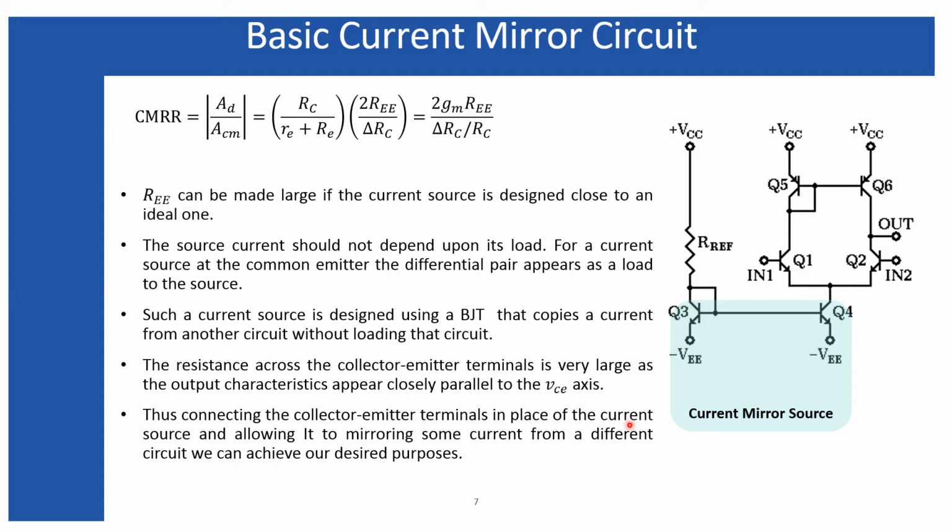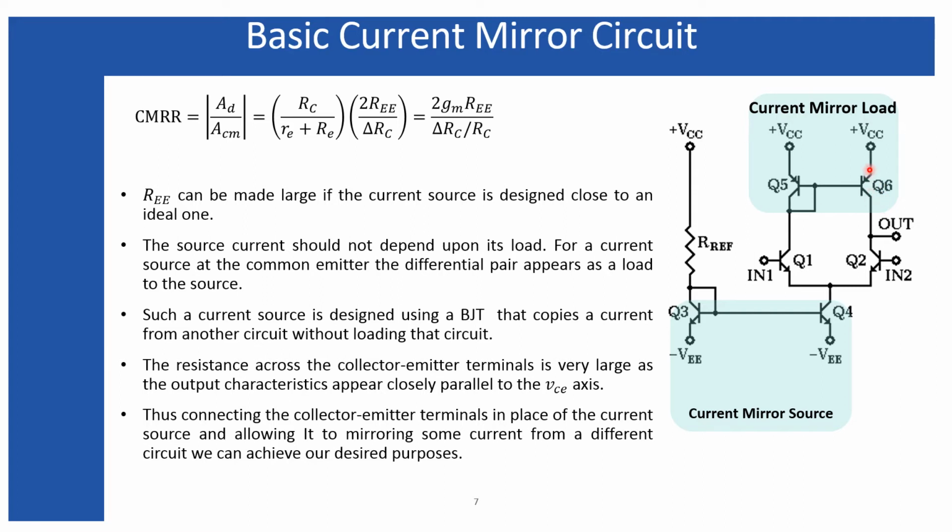In a similar way, as we can design the current source using the bipolar junction transistor, the load for the differential amplifier can also be designed using a current mirror circuit, because in this case also the resistance appearing across the collector to emitter terminal will be very high.